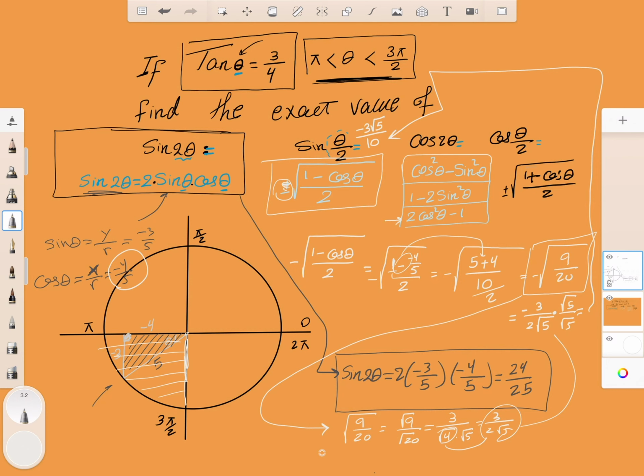So cosine of 2 theta will be 2 cosine squared theta minus 1, which is 2 times negative 4 over 5 squared minus 1. 2 times 16 over 25 minus 1 equals 32 over 25 minus 1, which will be 32 minus 25 over 25. That gives us 7 over 25.